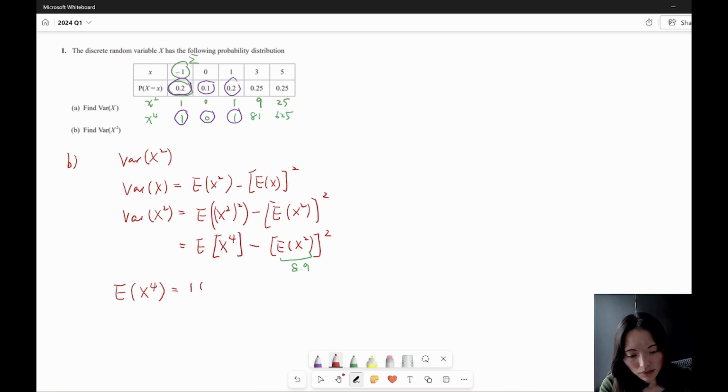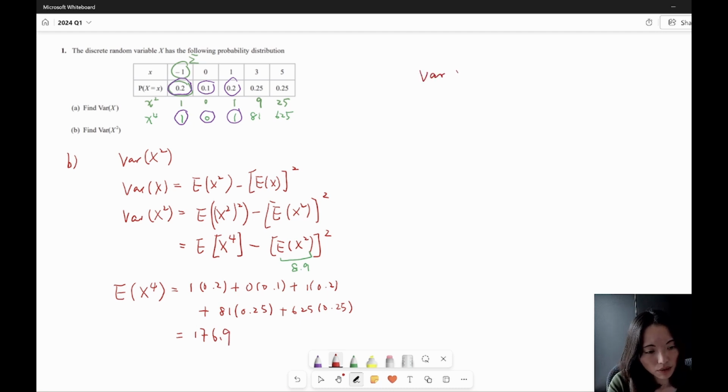That's going to be 1 times 0.2 plus 0 times 0.1 plus 1 times 0.2 plus 81 times 0.25 plus 625 times 0.25. That gets me to 176.9.